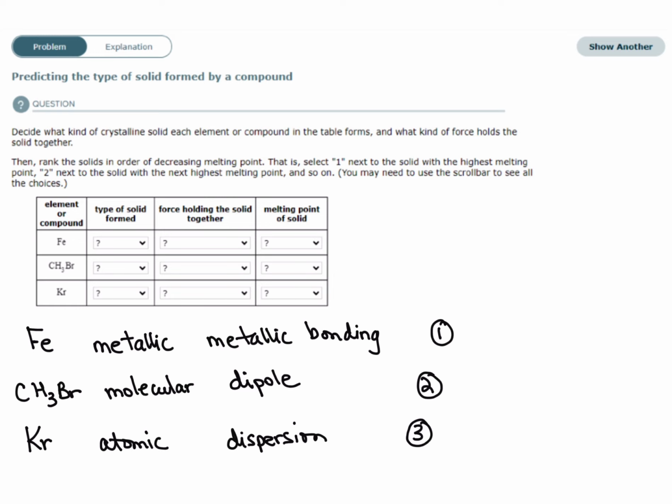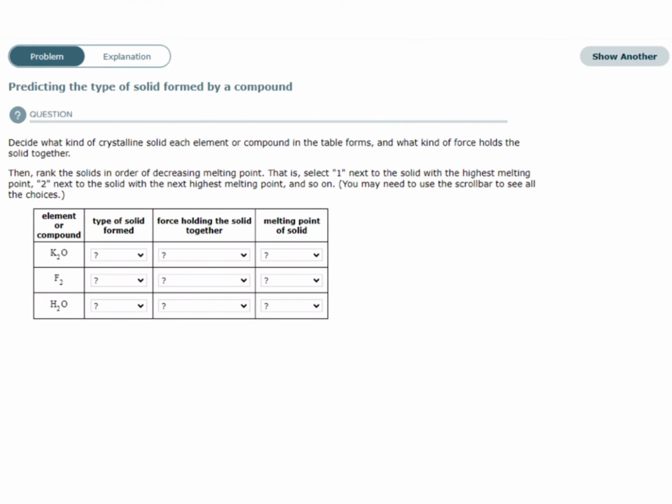Let's take a look at another example. Our first compound is K2O. So this is a metal coming together with a nonmetal, or a cation coming together with an anion. So this is considered an ionic solid, and ionic solids are held together by ionic bonding forces.